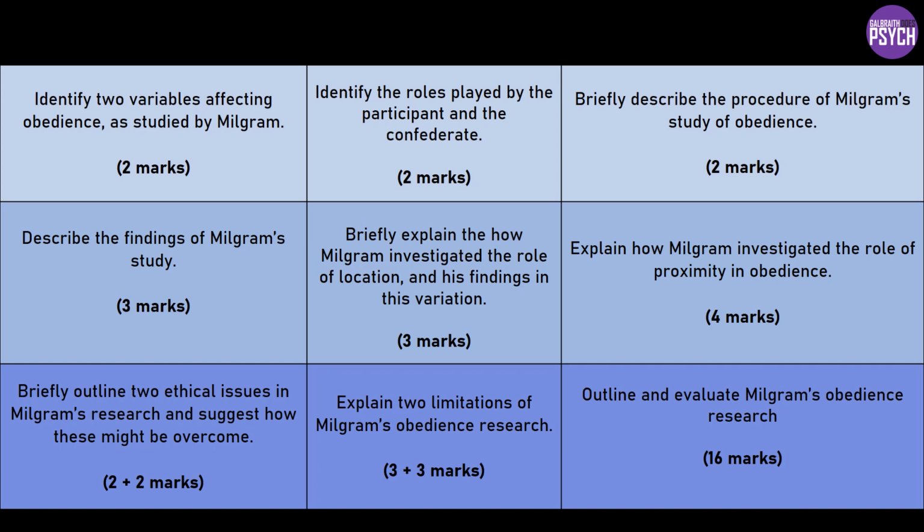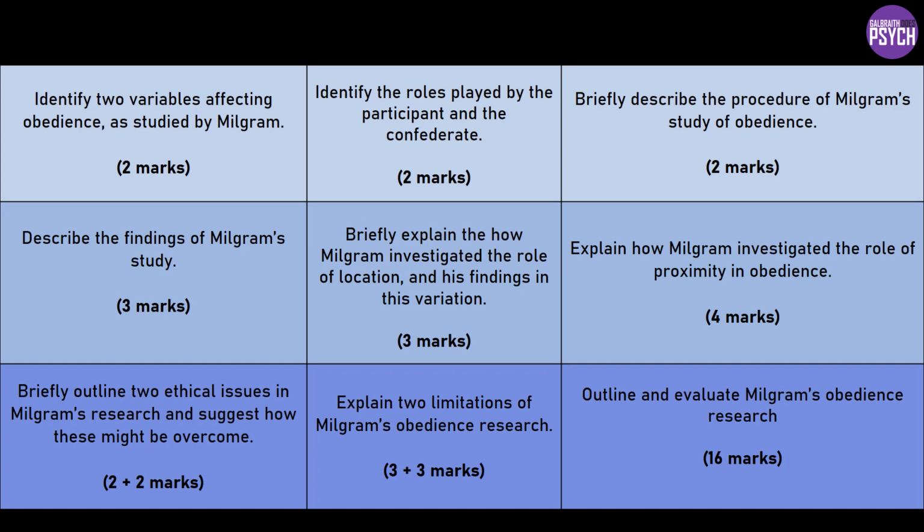You would start off possibly by saying that the participant was allegedly randomly assigned the role of teacher, but of course it was rigged, with a Confederate taking on the role of learner. They were told it was a memory test, and they had to work through a series of word association pairs and deliver an electric shock every time the learner got the question wrong.